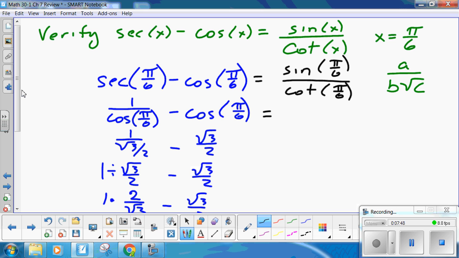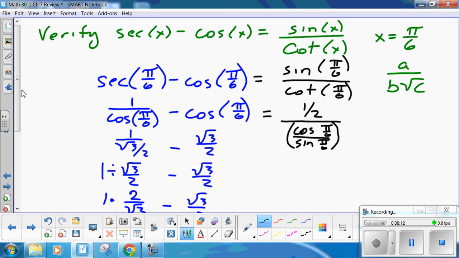Now, sine of pi over 6, or 30 degrees, should be 1/2. Now, cotangent is 1 over the tangent, or you can think of that as cos of pi over 6 divided by sine pi over 6.